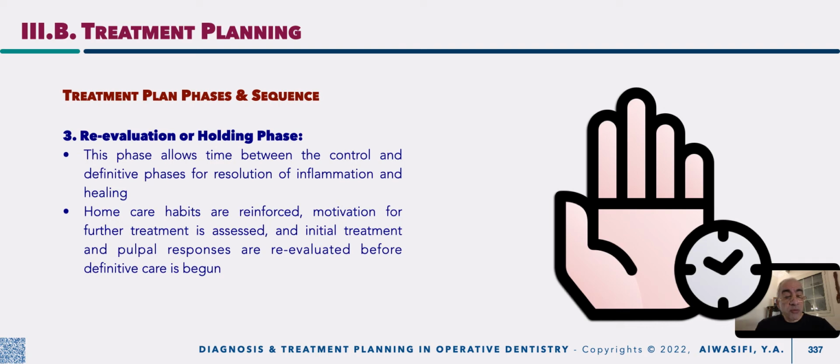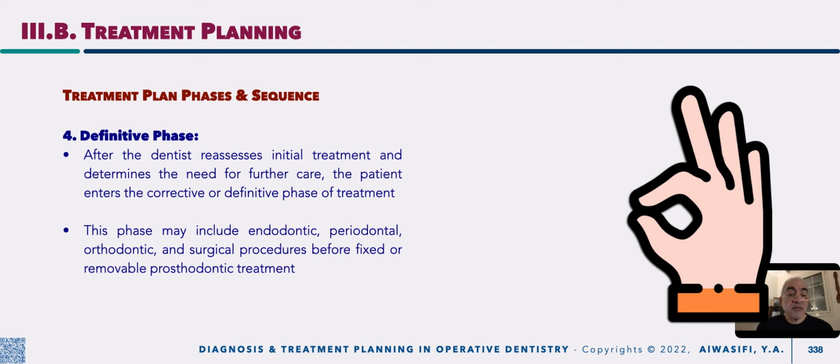Then home care habits are reinforced and motivated, further treatment is assessed, and the patient should be reassessed for pulp response, relief of pain, stop of bleeding, and what home care he is following before going for the definitive phase.